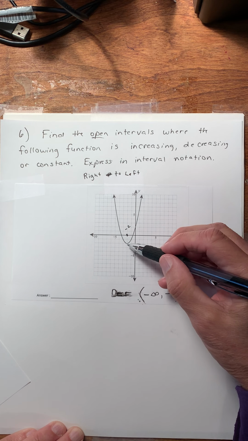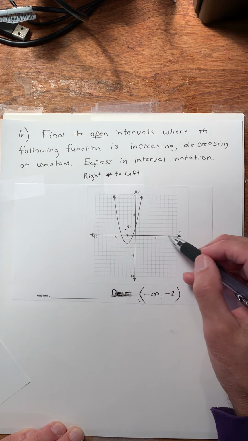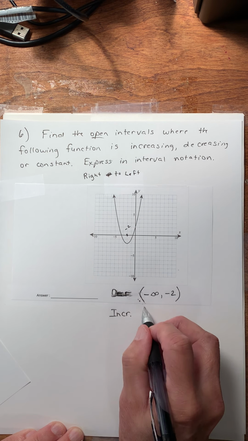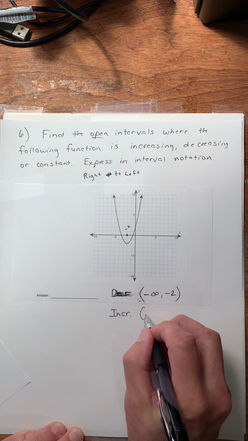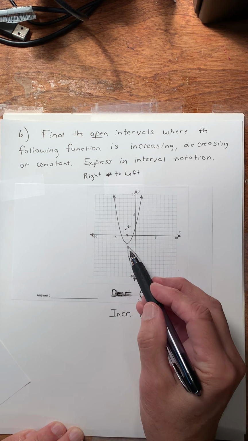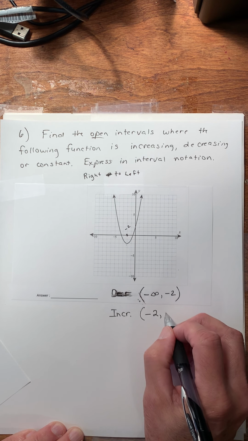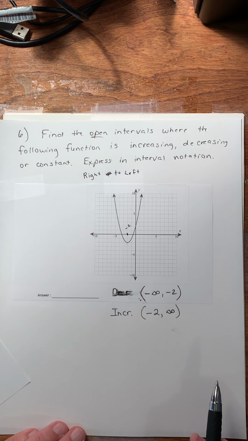How about where it's increasing? Well, it's increasing starting here, going all the way to the right. So it's increasing from negative 2 all the way to infinity. Again, negative 2 is not in either one of the intervals. It's a transition point. So that's how I'm going to talk about the increasing interval.